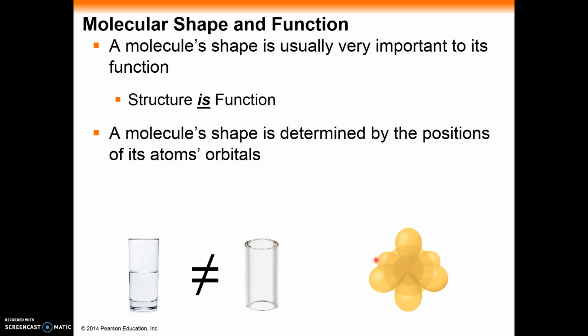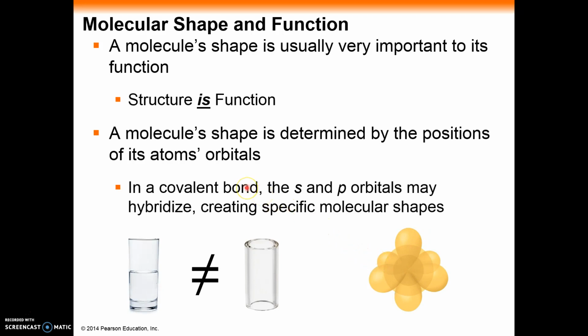Now, when you introduce covalent bonds, the s and p orbitals may hybridize, creating a specific molecular shape. This means that when the atom is existing by itself, its electrons are going to be in these orbitals the way we described them. But when you introduce a covalent bond, that changes everything. Okay, and we'll explain why here in a moment.